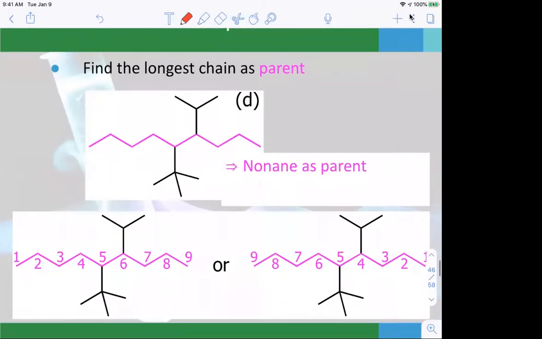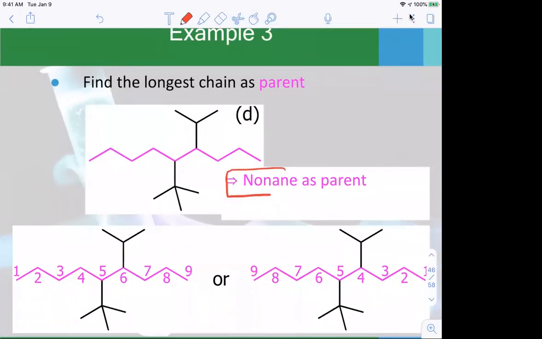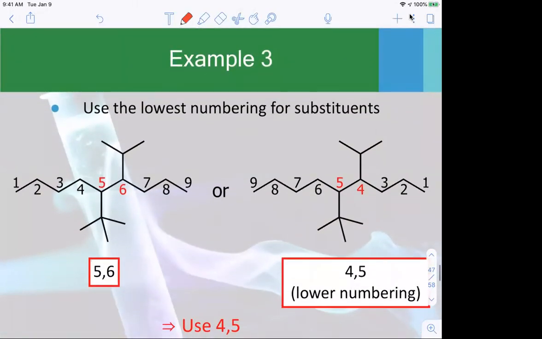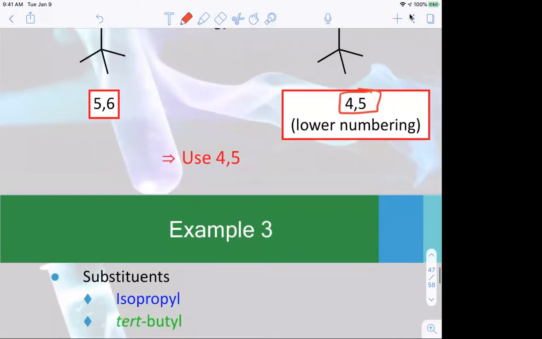So that means nonane is going to be my parent. Now, do I number it 4, 5, or do I number it 5, 6? I'm going to use the 4, 5 because that gives me the lower numbering for my substituents.